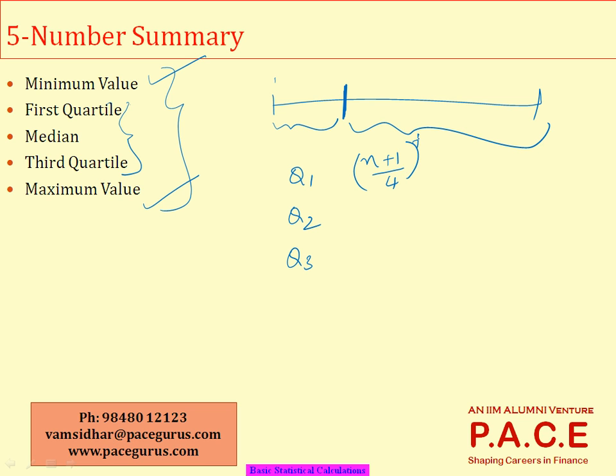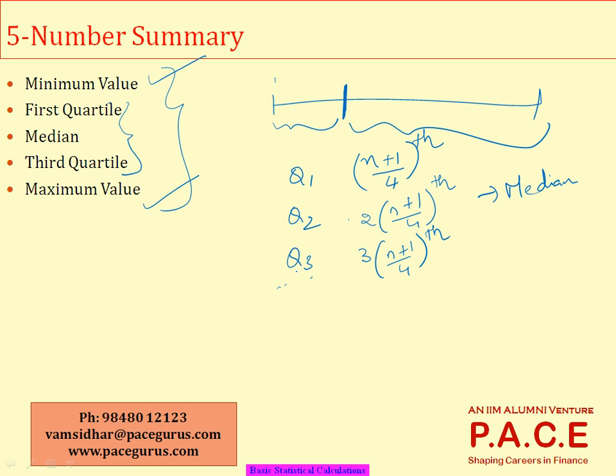This becomes your first quartile value. 2 times (n plus 1) by 4th element, which is the (n plus 1) by 2th element, becomes your second quartile, or the median. And 3 times (n plus 1) by 4th element becomes your third quartile. If the values are not directly possible, then you take the interpolation, which I'll discuss shortly.